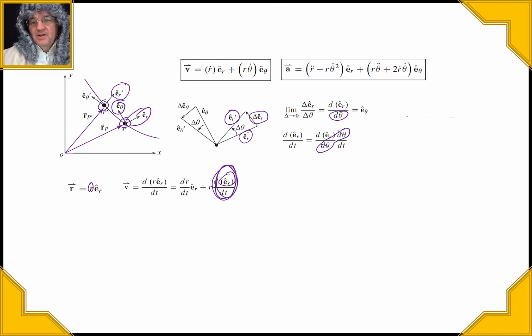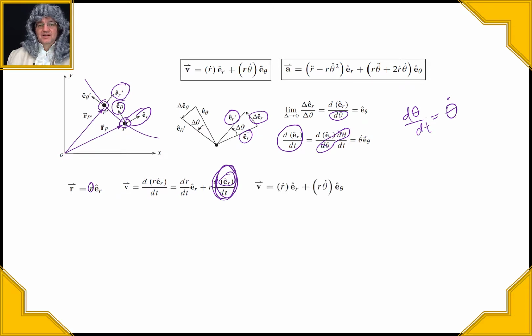But we also know that d theta dt can be defined as theta dot. So we can replace that in there and say that when you take the derivative of ER, what you get is theta dot E theta. And that's how we get this velocity.